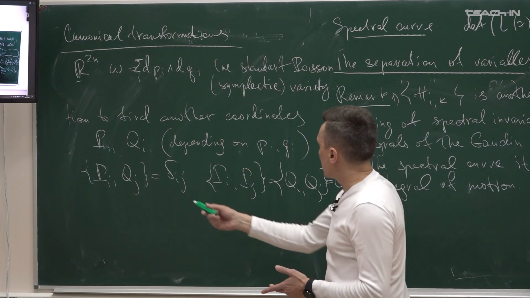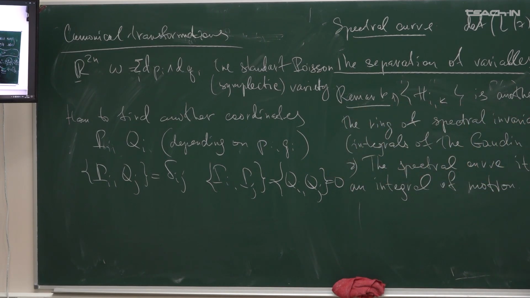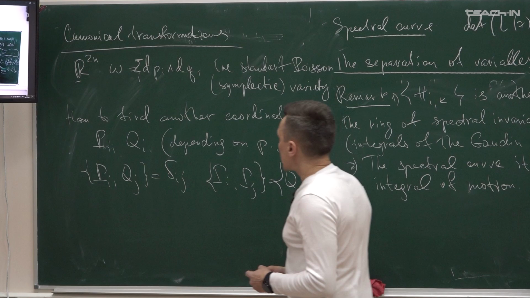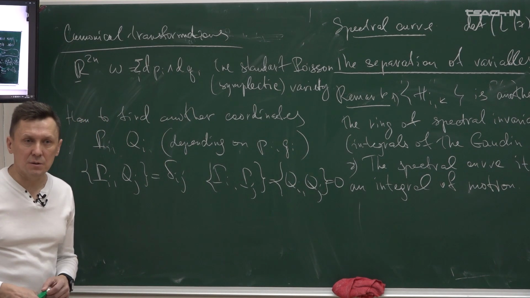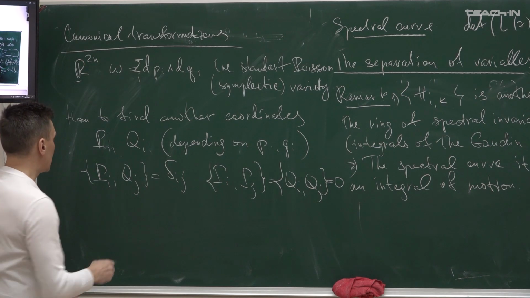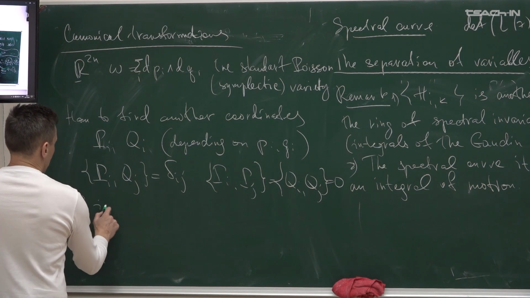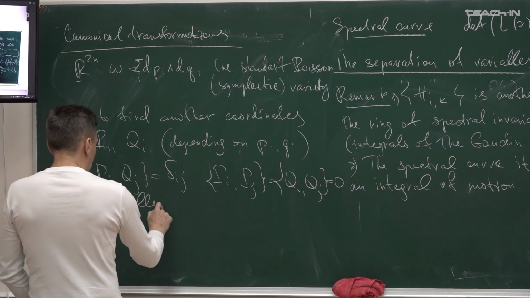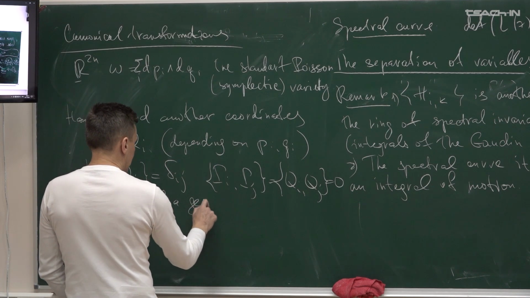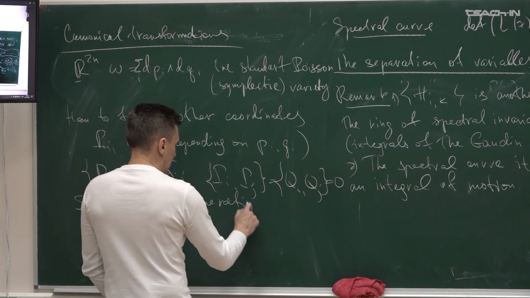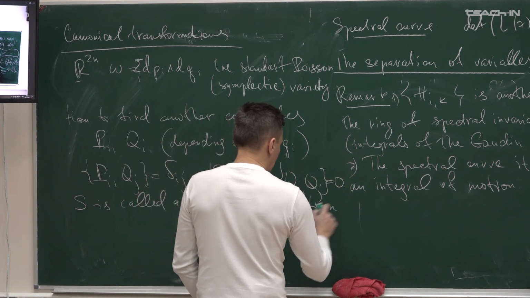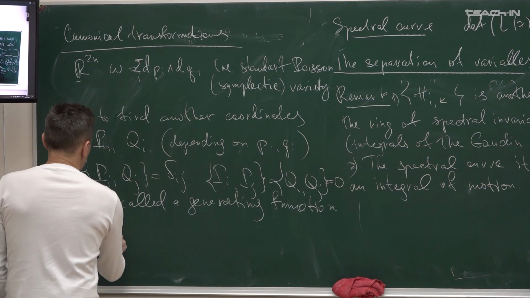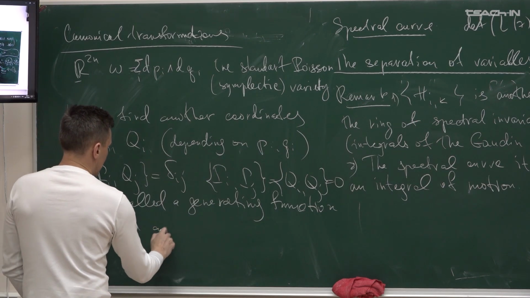And suppose that such a structure exists, one introduces the so-called generating function of this transformation. S is called the generating function of such a transformation.